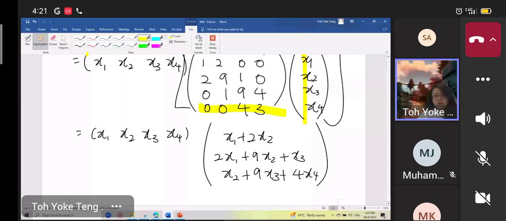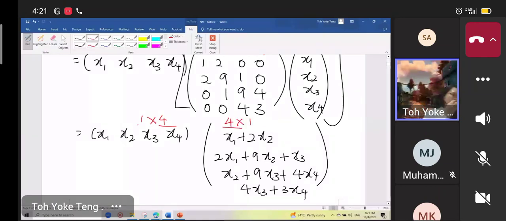And then for this one, just 4x3 plus 3x4. Okay, and then as you first see here, it is 1 times 4, 4 times 1, so the dimension is the same. In the end, you will get 1 times 1, so this one is not in matrix form, just in a row, just write it down.